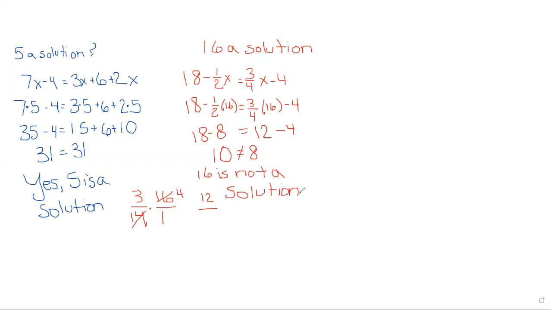Okay, and then the last one involves some distributing. You can be reminded how to do it when there's distributing going on. The question is, is 3 a solution to this one?